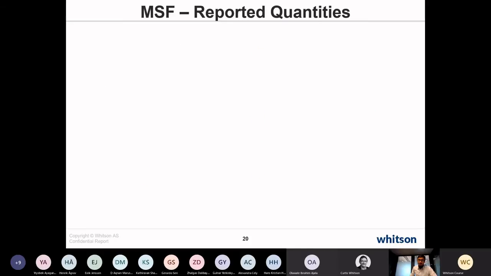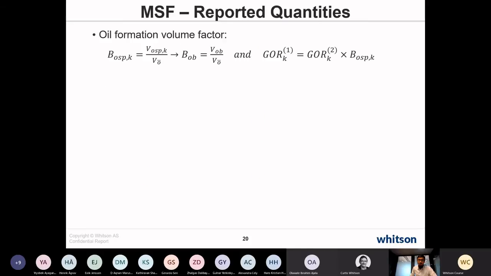Okay, so again, more on the reported quantities, which is something we have already discussed. The BOSP, the oil formation volume factor from the separator test, is equal to the bubble point oil formation volume factor at the bubble point.